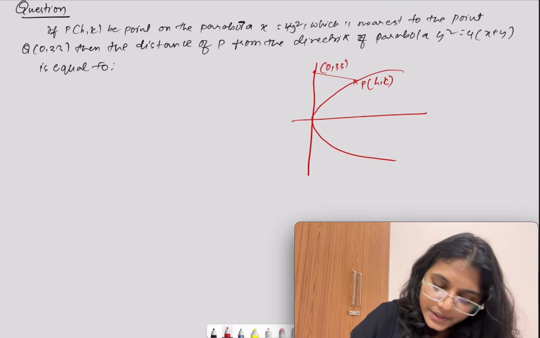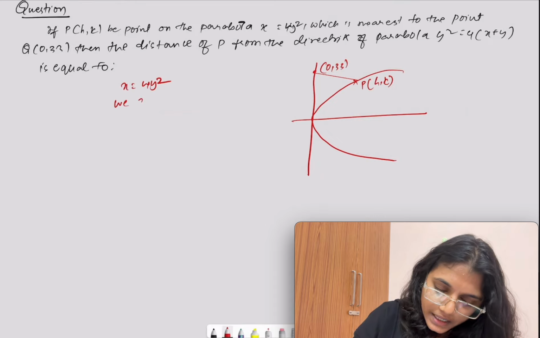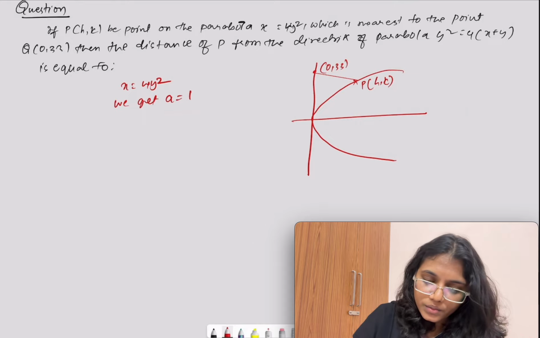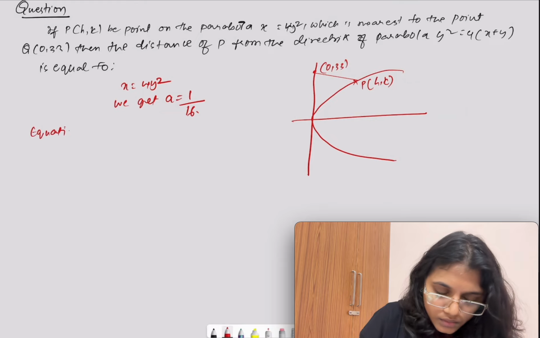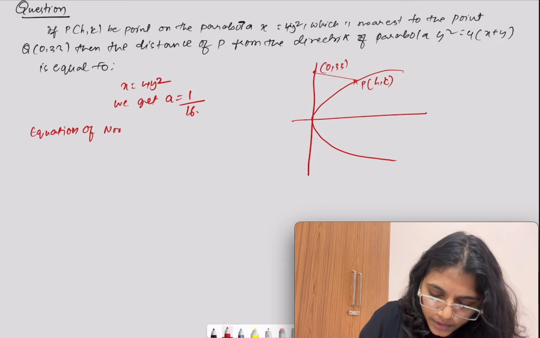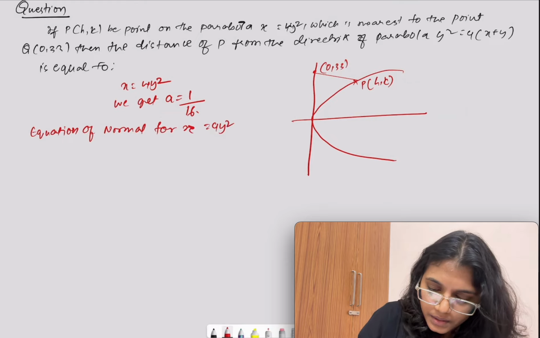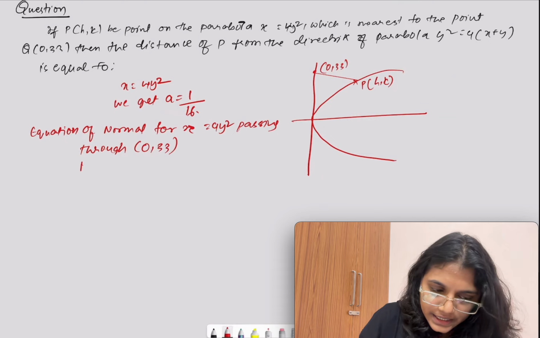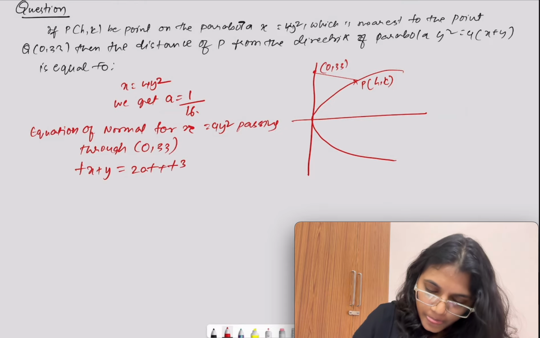So from the equation x is equal to 4y squared, we get a is equal to 1 by 16. So the equation of normal for x is equal to 4y squared passing through 0 comma 33 will be tx plus y is equal to 2at plus at cube.